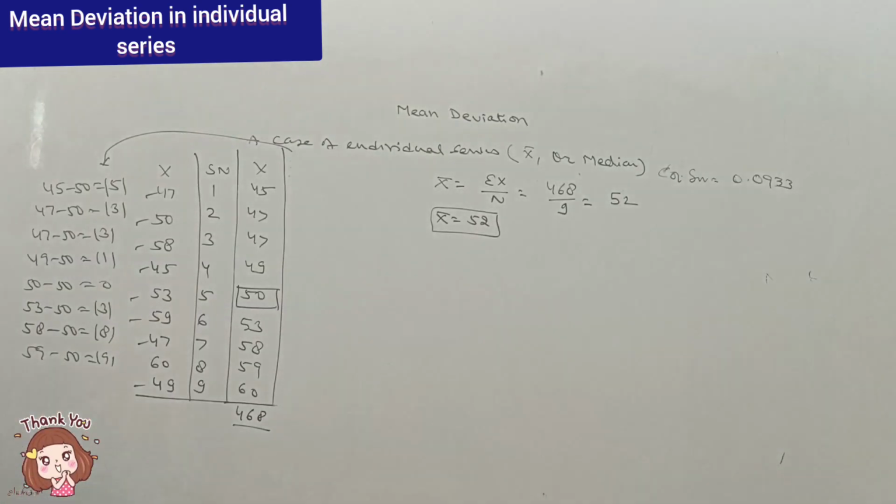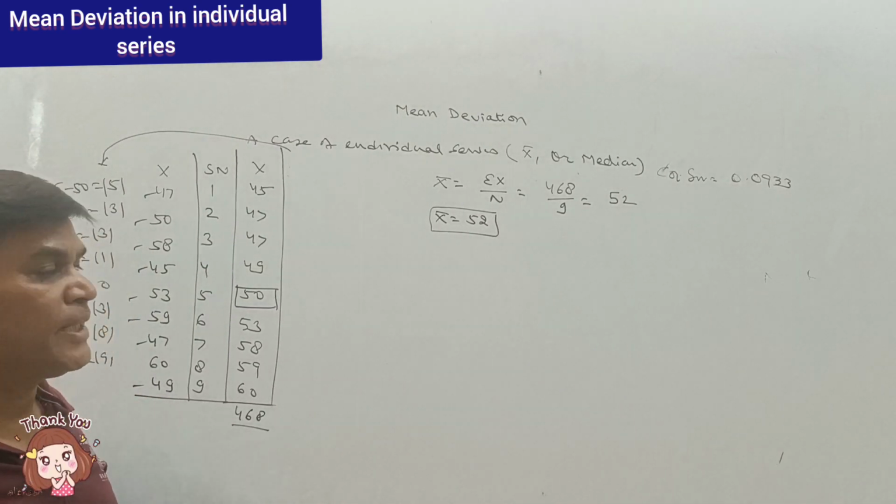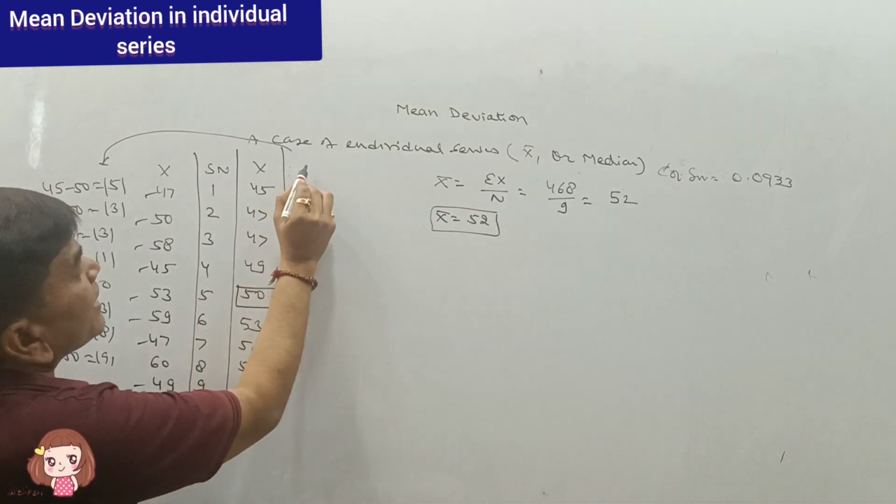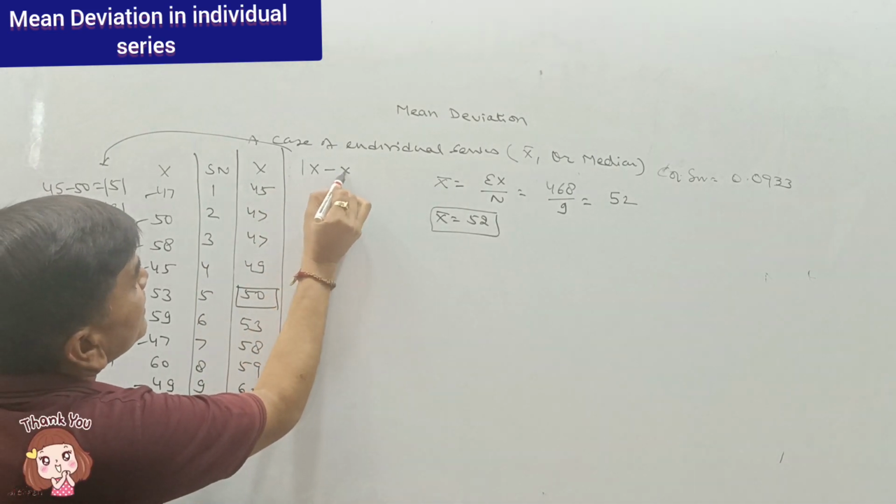Now we will take the deviation from the arithmetic mean, ignoring plus and minus signs, that is |x minus x bar|.